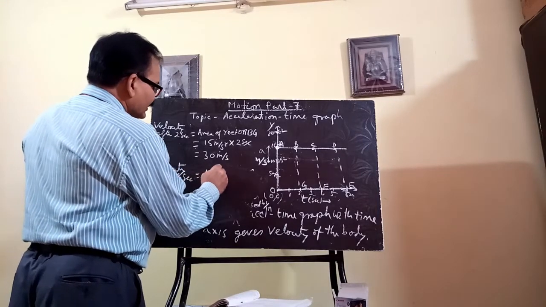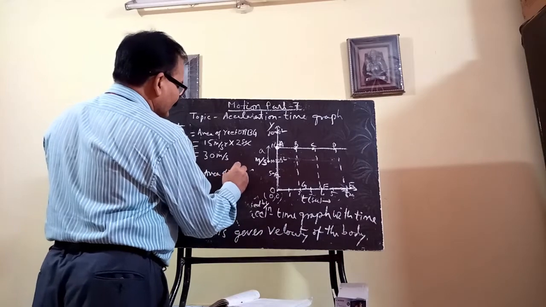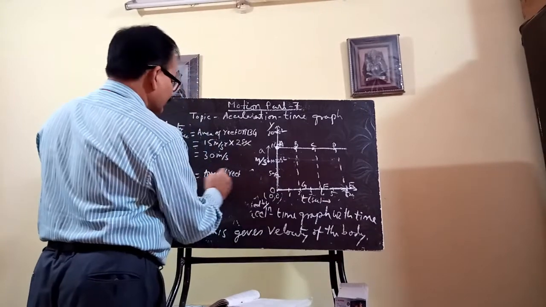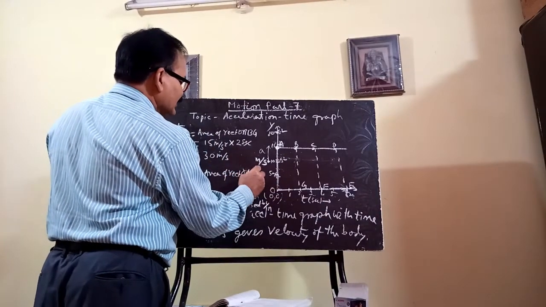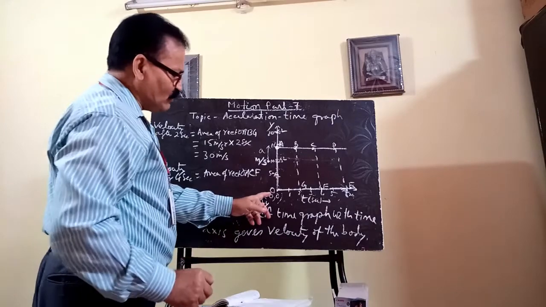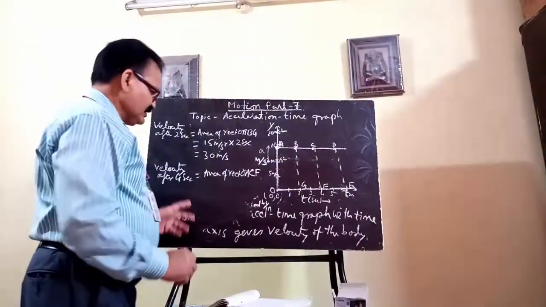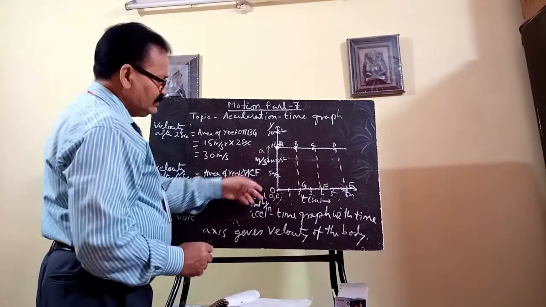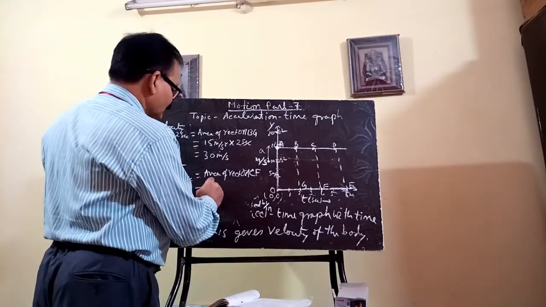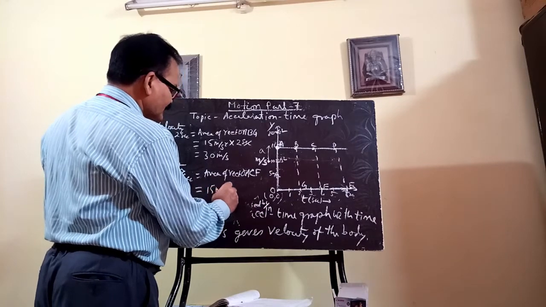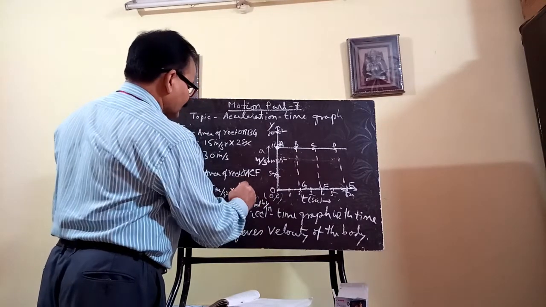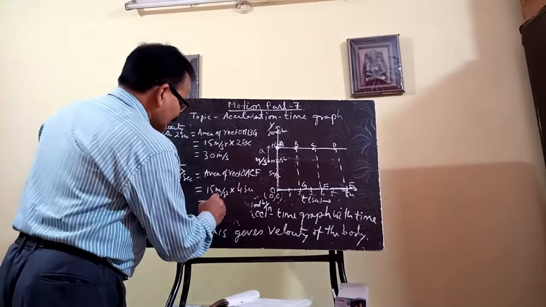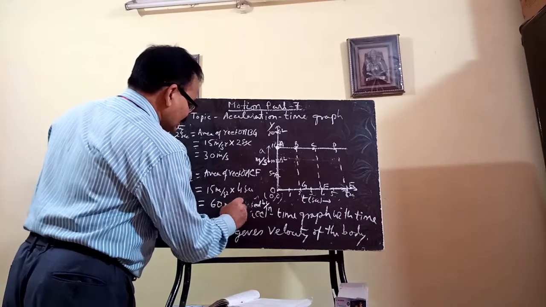It will be the area of rectangle OACF, starting from origin O, A, C and F. Here the length is 15 meter per second square and the breadth is 4 seconds, so the velocity is 60 meter per second.